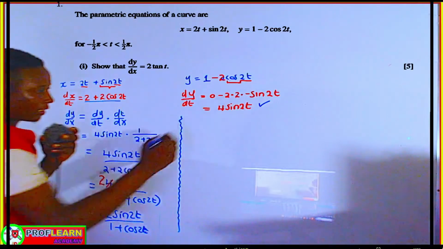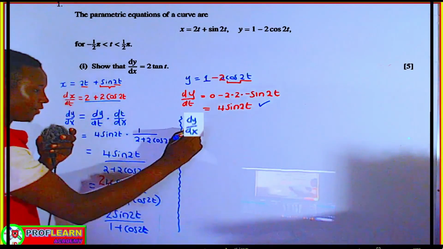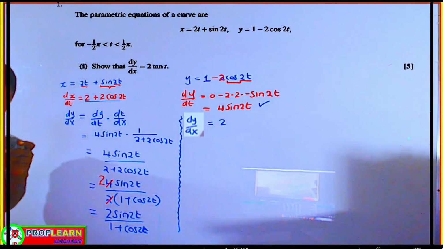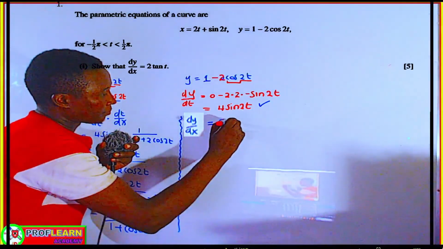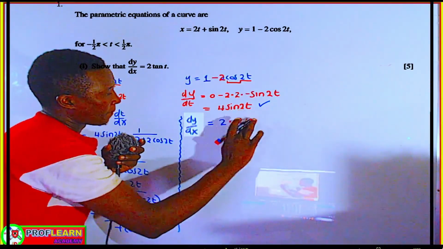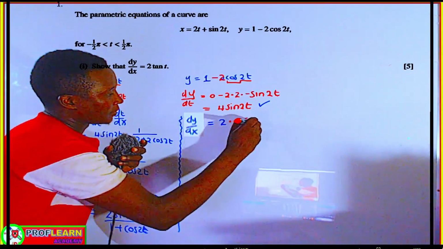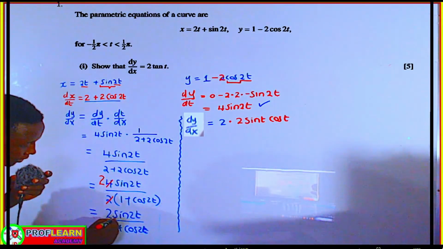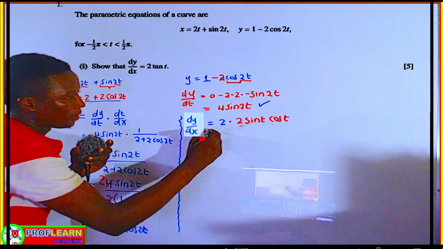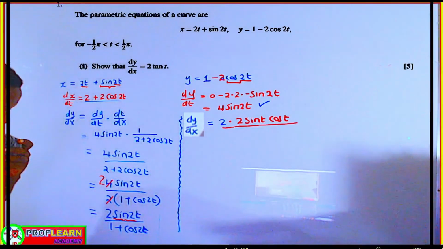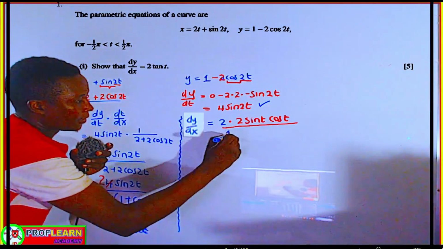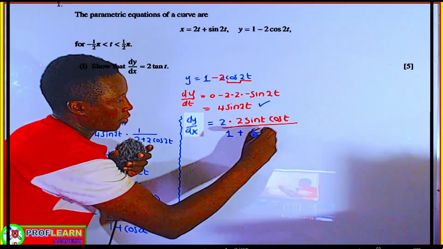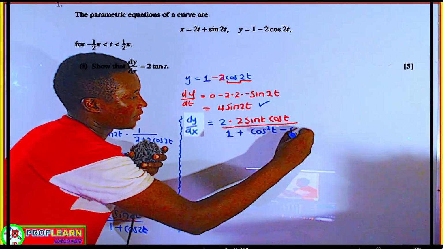We can write dy/dx at this given point as 2 sine 2t, which is the same as 2 sine t cos t, since sine 2t can be written in this form, and then we divide by 1 plus cos 2t, which can be written as cos squared t minus sine squared t.